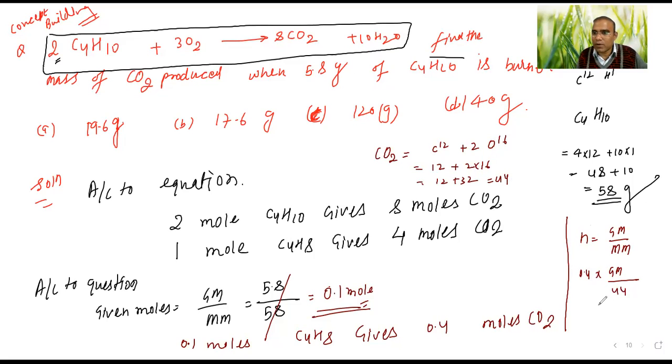So given mass is equal to 0.4 into 44. If you solve, it comes 17.6 gram. This is the given mass, so the correct option is B.